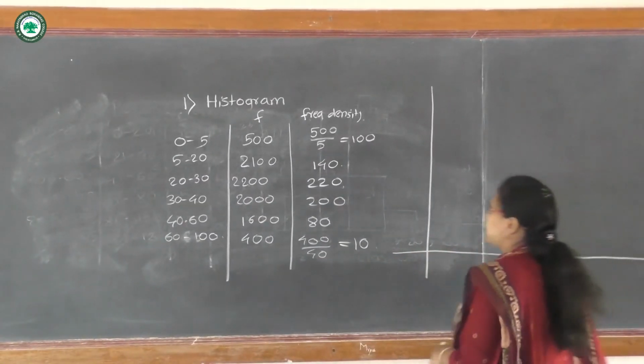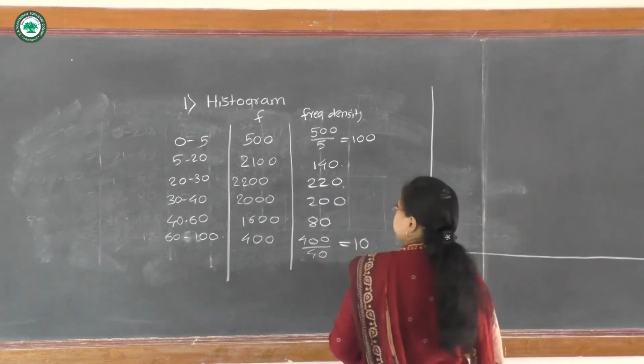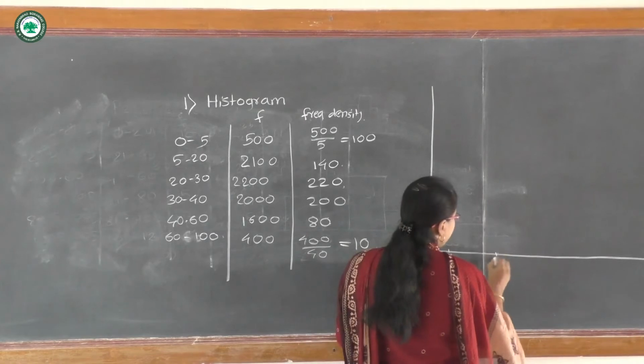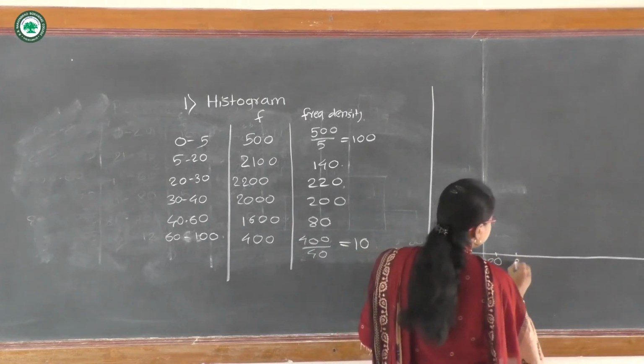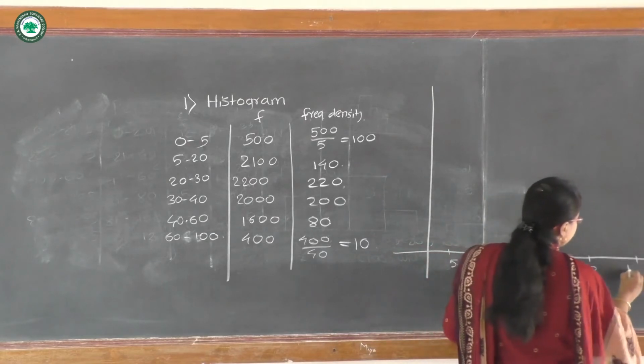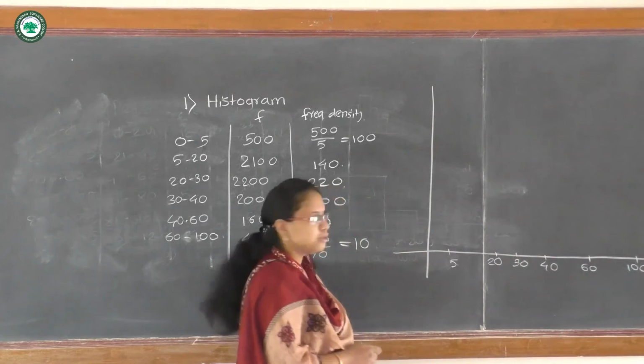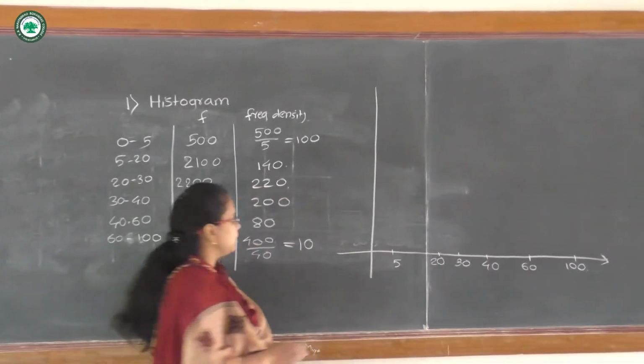On the x-axis we are going to take the classes here, 0 to 5, then 5 to 20. I am not using a scale here, but you can use a scale to draw perfectly.